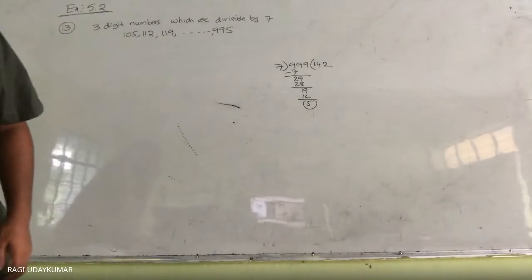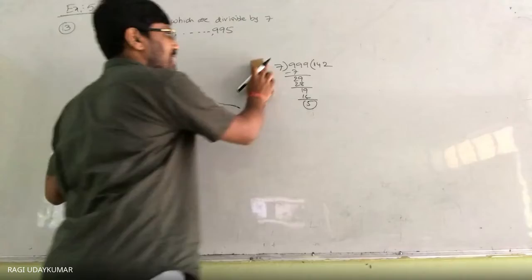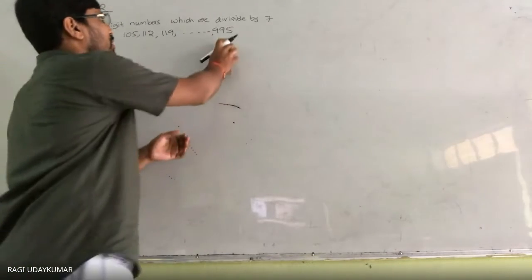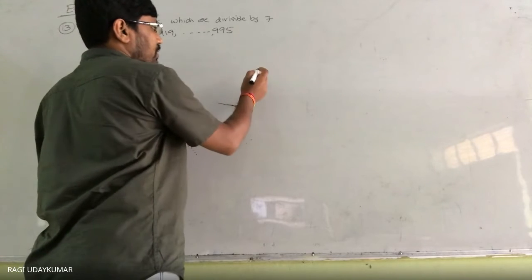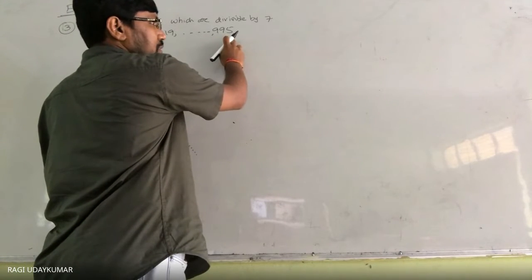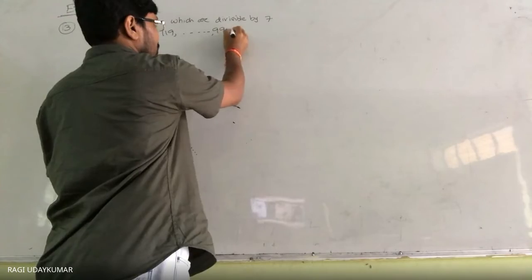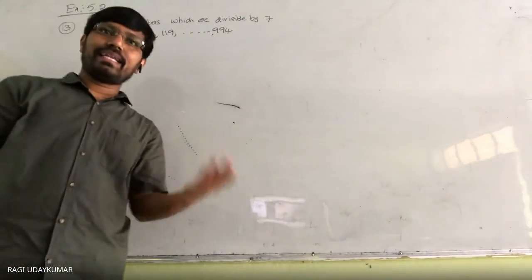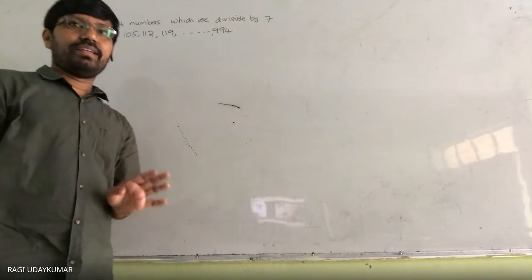But now the question is, how many numbers are there? You have written it wrong, sir, it will be 994. The remainder we got is 5. So 5 should be subtracted from 999, giving 994.